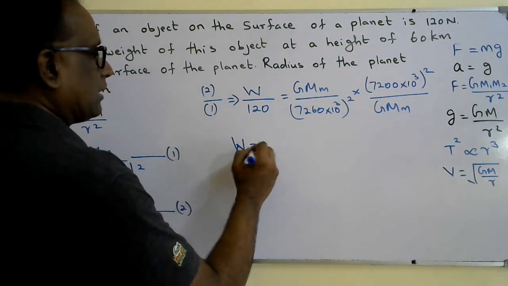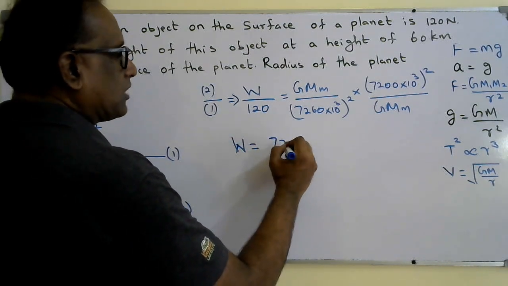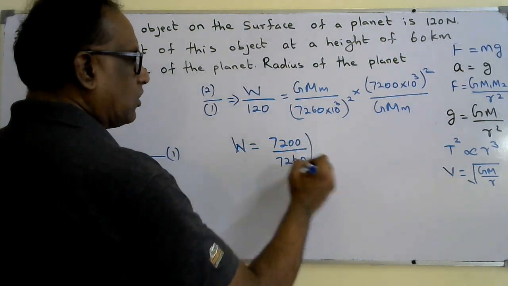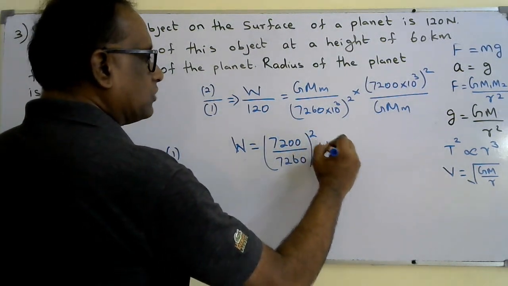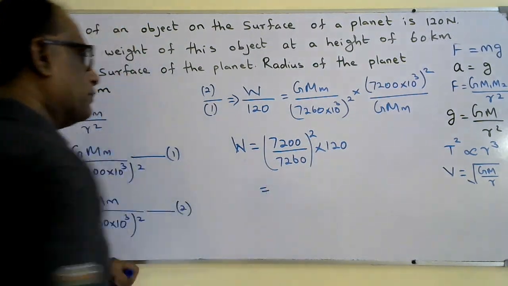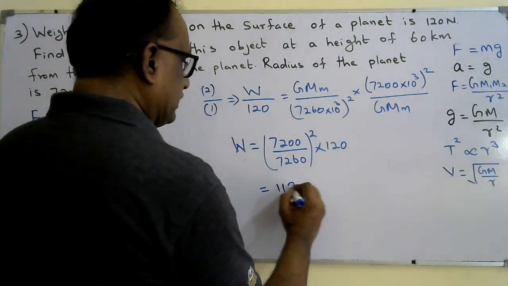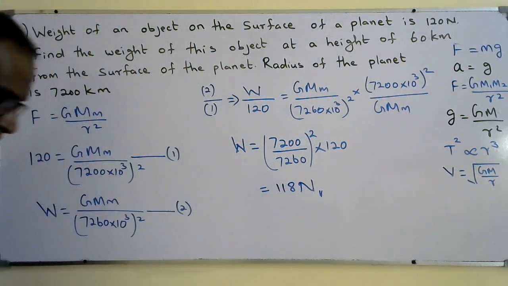So W is equal to 7,200 over 7,260, all squared, times 120. Find the W. So you'll get 118 Newton.